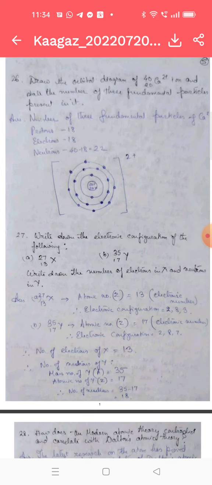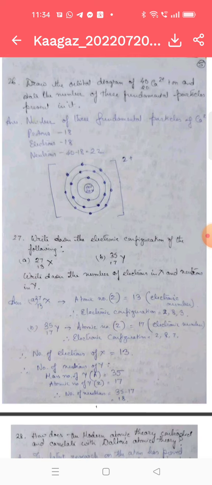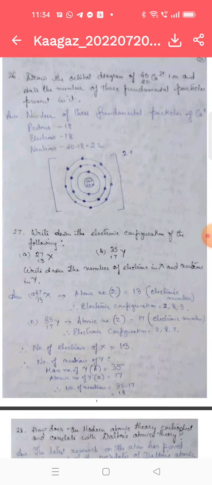First question of the day is: draw the orbital diagram of calcium-40, 20 calcium 2 plus ion and state the number of 3 fundamental particles present in it. The number of protons of calcium is 20, not 18, because the atomic number is 20.